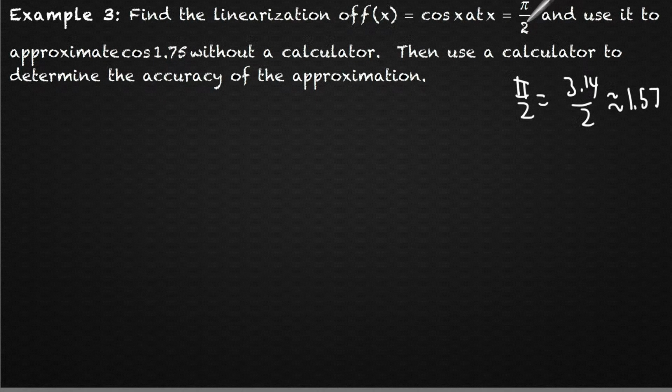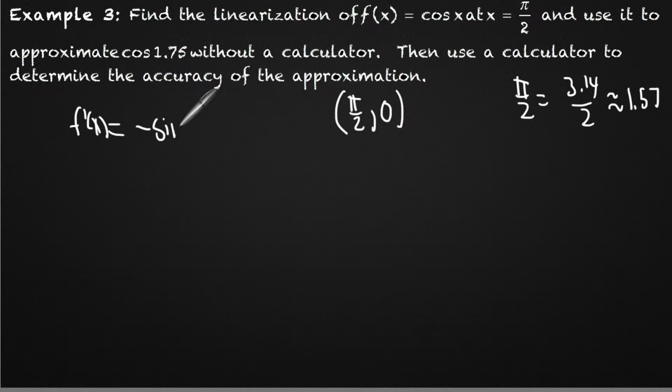If we take pi over 2 and plug it into our cosine of x function, we will get 0. So the point that we're going to draw the tangent line at is (pi over 2, 0). But we need the slope. So f prime of x is going to equal negative sine of x.